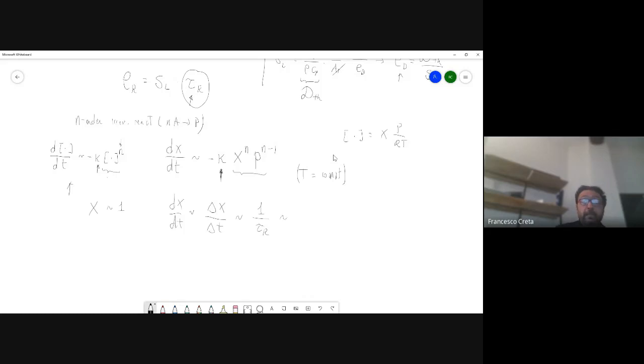And this K is a constant which will depend eventually on temperature. This quantity here, as we said, is something of order 1 to the power of n, and then a pressure to the power of the reaction order minus 1, which is essentially my expression for the reaction rate.